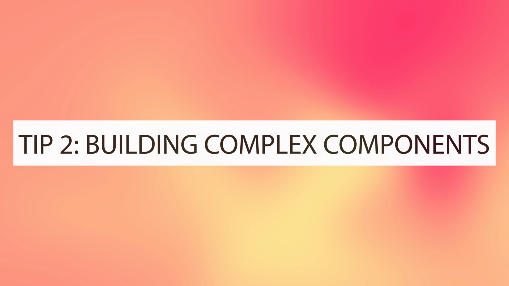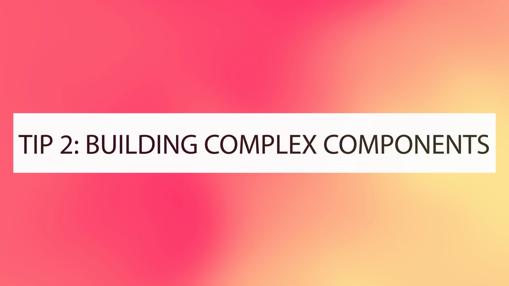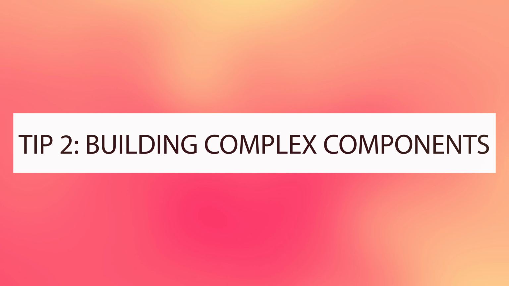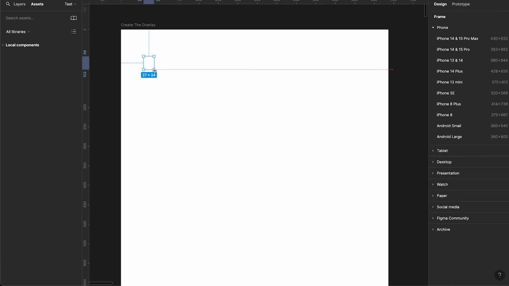So for this second tip, I'll be showing you how to solve this problem, which will enable you to build more complex components and continue to simplify your UI kit.